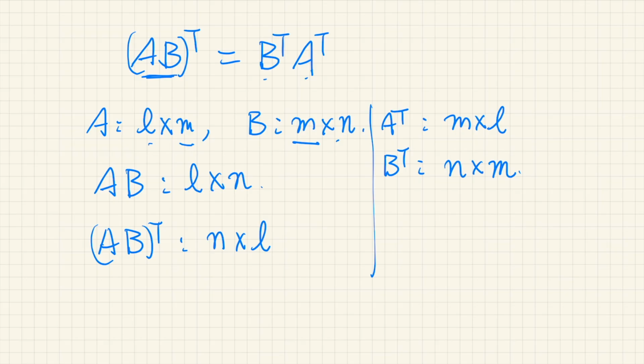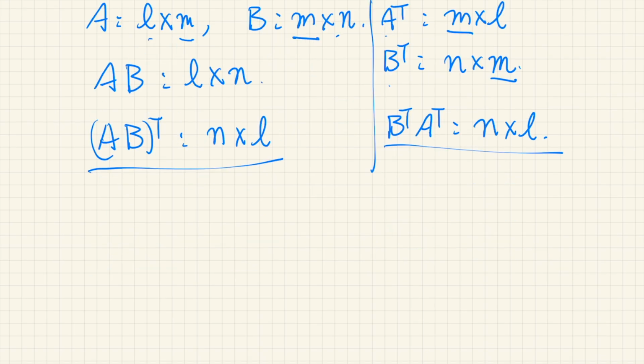So we can define the product between B transpose and A transpose in this order, because the number of columns in B transpose is M and the number of rows in A transpose is M, so we can multiply them. So B transpose times A transpose is an N by L matrix. So the sizes match.